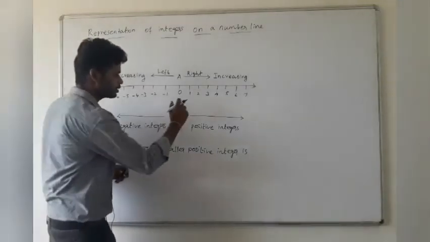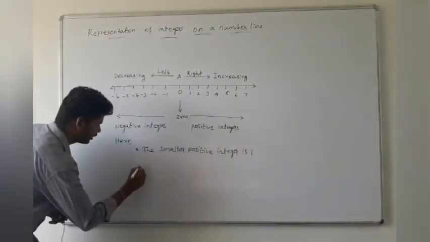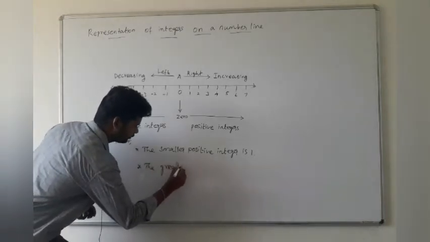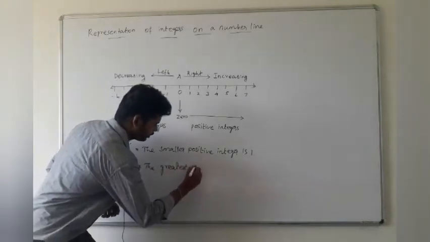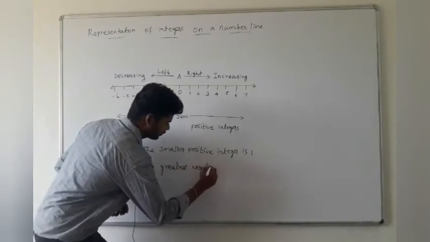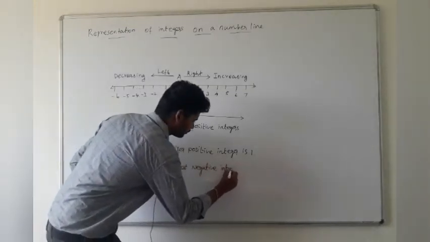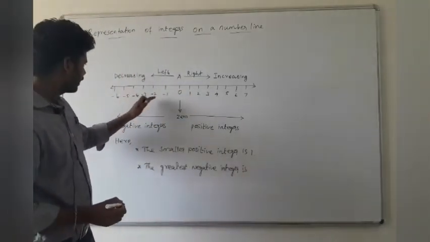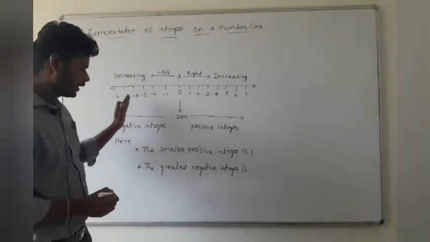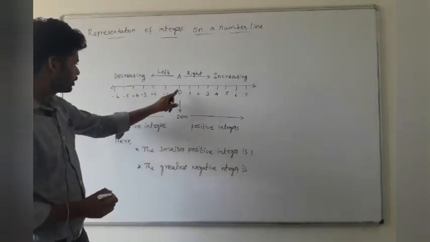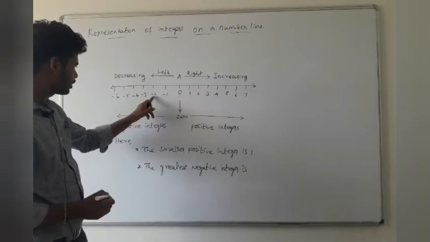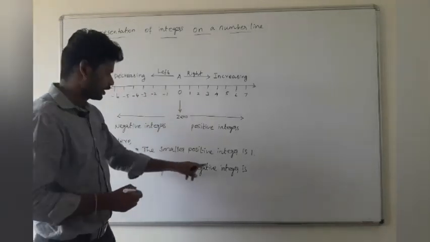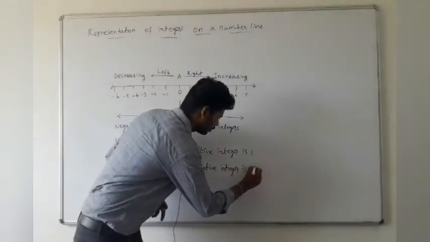The smallest positive number is 1. On the left hand side, the greatest negative integer. Which one? After 0 comes minus 1, minus 2, minus 3. This is fully decreasing order. So the greatest negative integer is minus 1.